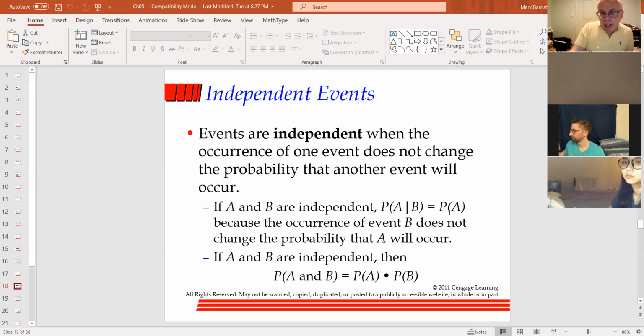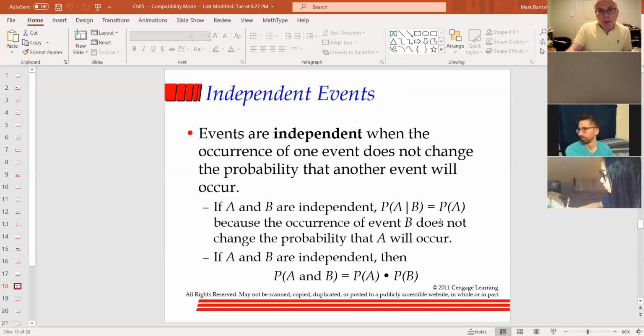You see the difference between that and mutually exclusive. Mutually exclusive means they can't occur at the same time, A and B. Okay? If A and B are independent, they can, of course, occur at the same time, right? If they didn't occur at the same time, they'd be mutually exclusive. But independent means that, yes, they're occurring at the same time, but the presence of the other event doesn't change the probability of the first event.